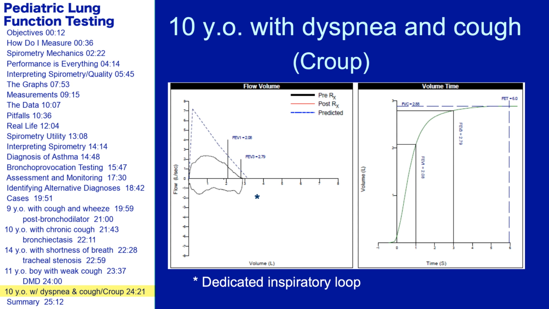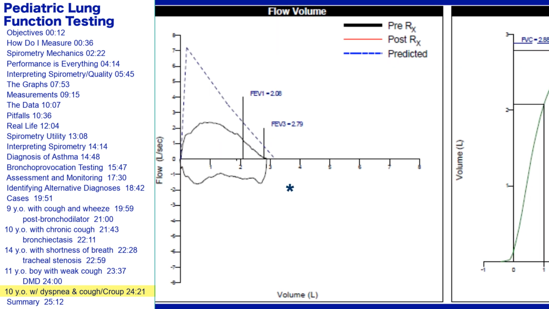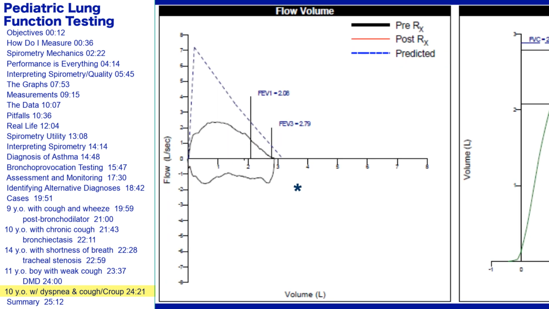Lastly, I'll show you an interesting curve of a 10-year-old who presented with dyspnea and cough. And this is a patient who was in the ICU at the time that I brought the spirometer up to do their expiratory and inspiratory flow volume loops. You can see from the volume time that they actually did a reasonable job of getting full exhalation, but here both the expiratory limb and the inspiratory limb have a flattened or capped appearance.